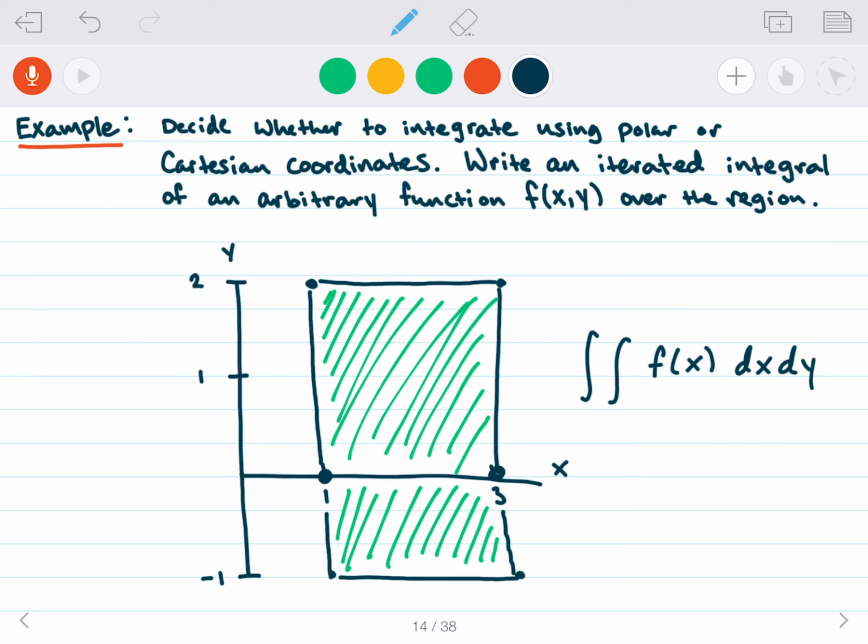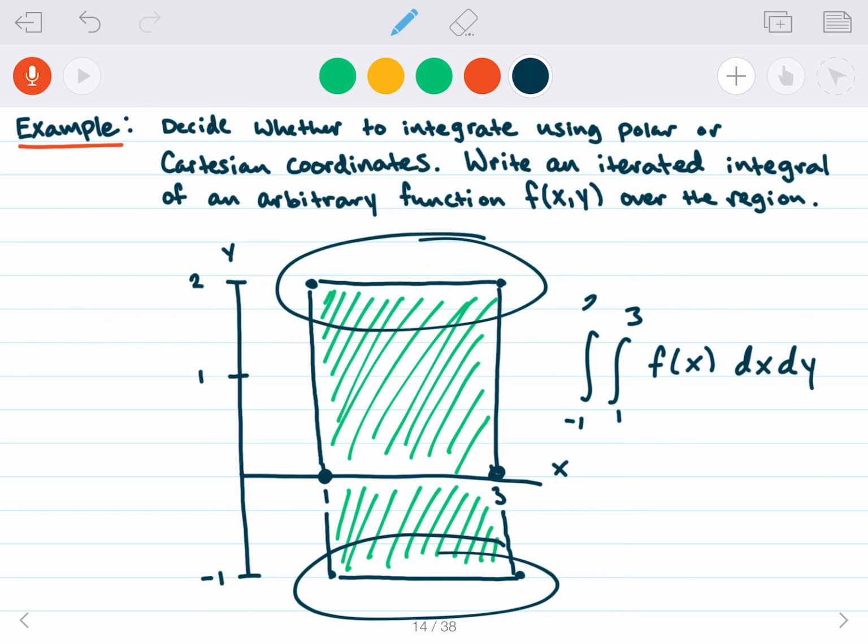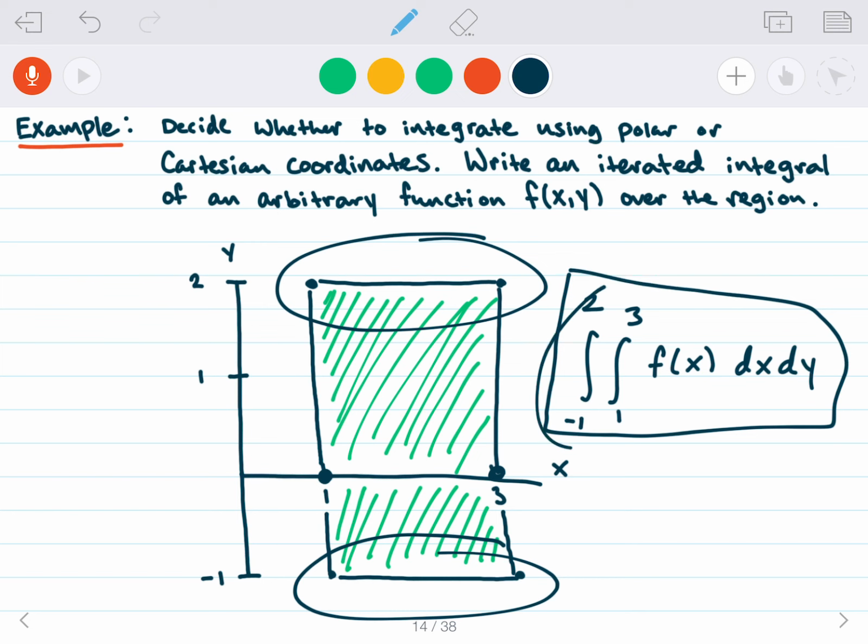So we're going from 1 to 3. And for the y value, we're going from negative 1 to positive 2. Okay, so we have our region right here. We're integrating an arbitrary function, and maybe I should have included the y here, f of xy. And so there it is.